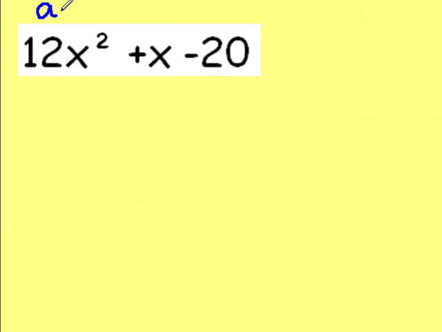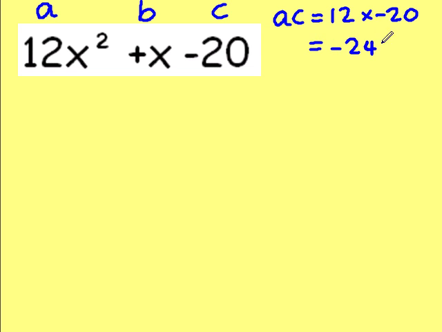A is 12, B is 1 because we only have one x, and C is minus 120. My AC number on this occasion will be 12 times minus 20. 12 times minus 20 is minus 240.